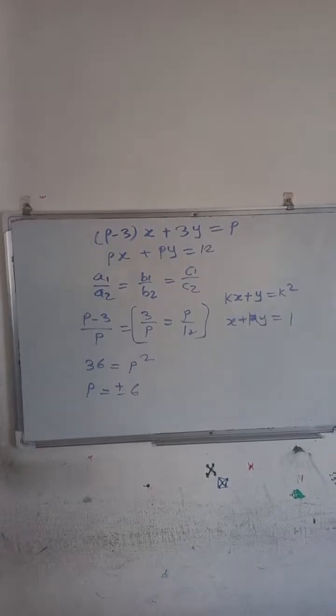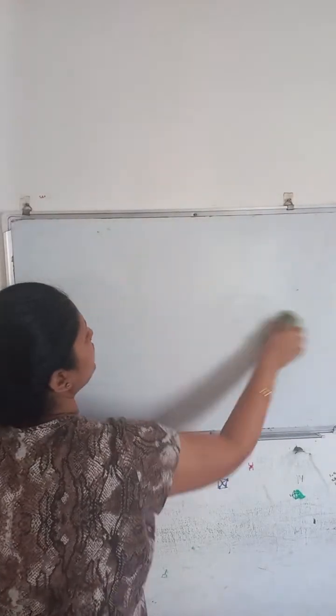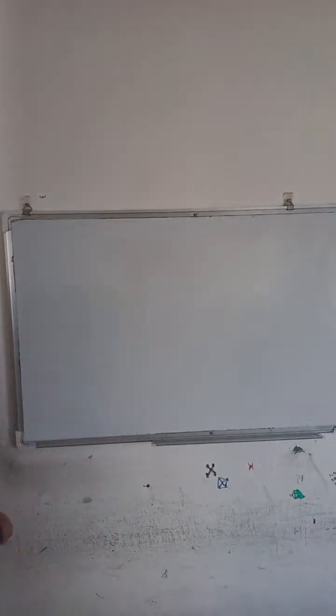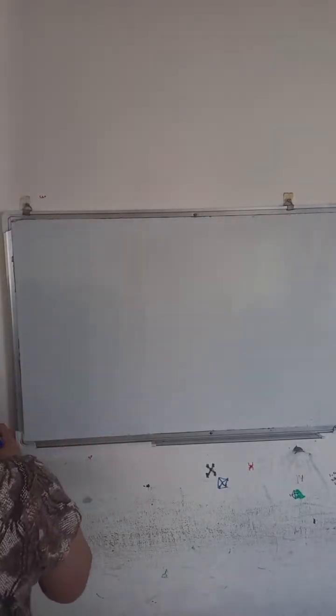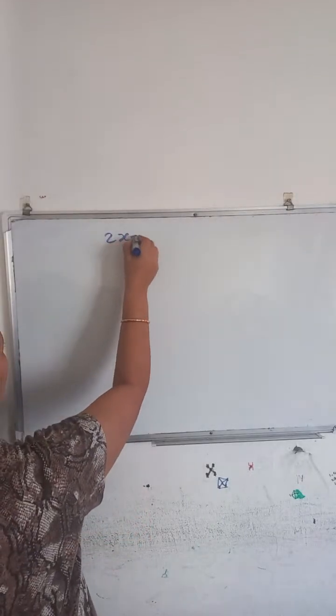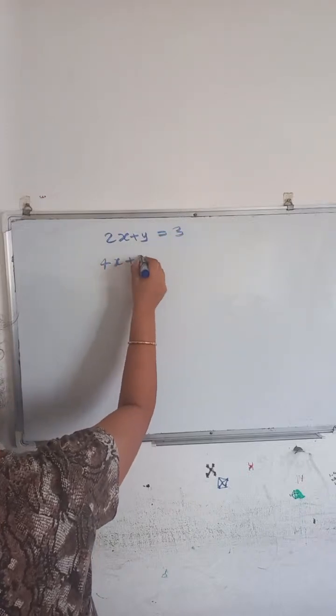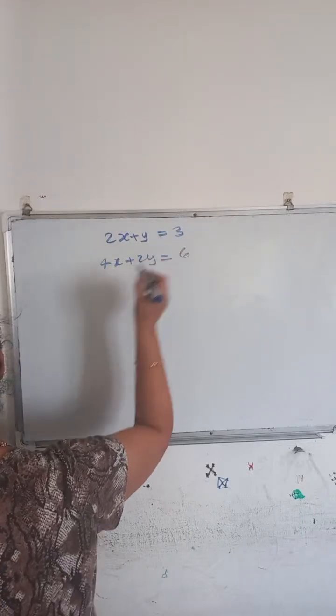So you can write down the given equations, compare the coefficients, and calculate a1, a2, b1, b2, c1, c2 and check. The equations are 2x plus y is equal to 3 and 4x plus 2y is equal to 6.